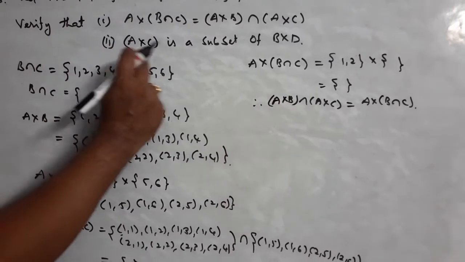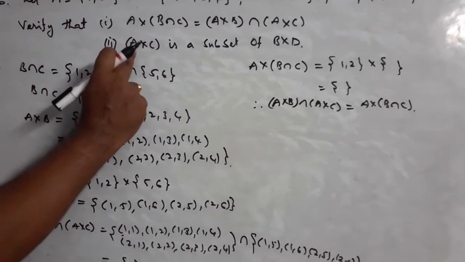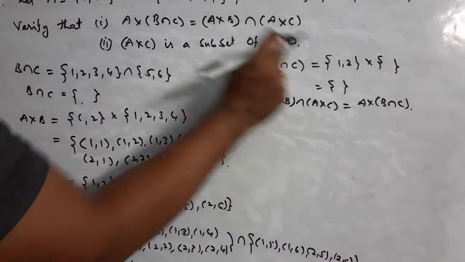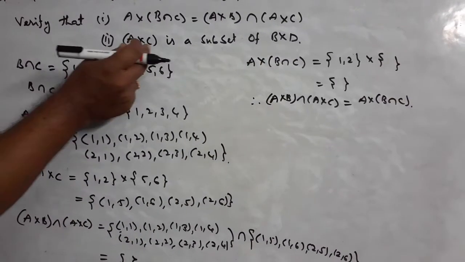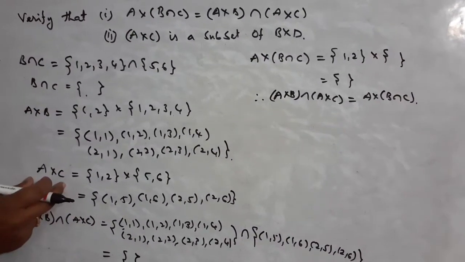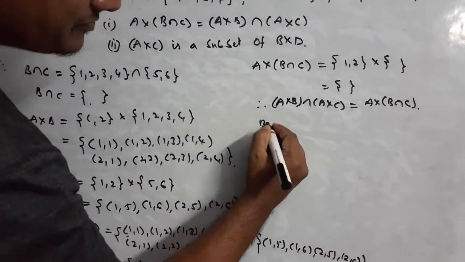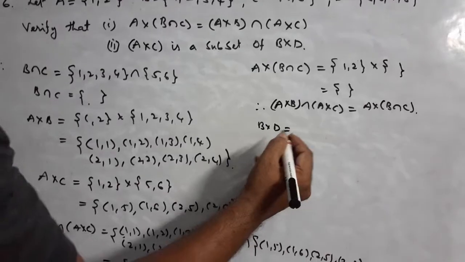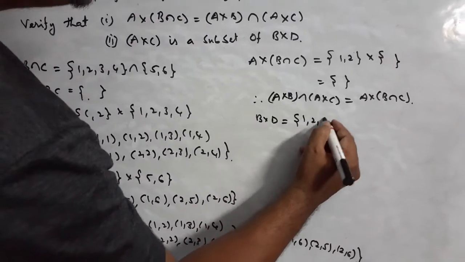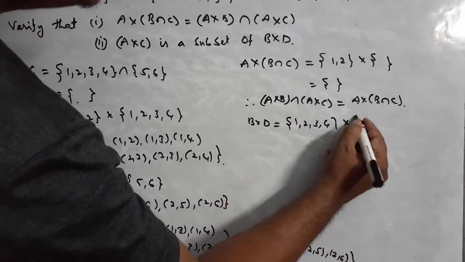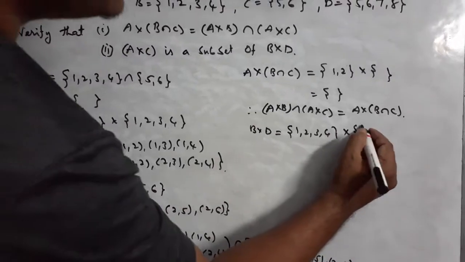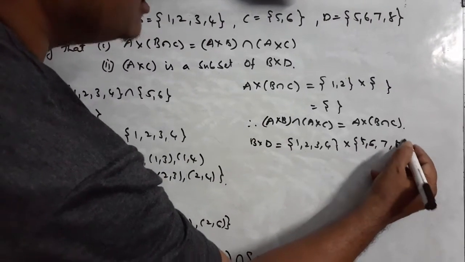Next, the second one: A cross C is a subset of B cross D. Here A cross C we already know. Now we have to find B cross D. B is 1, 2, 3, 4 and D is 5, 6, 7, 8.